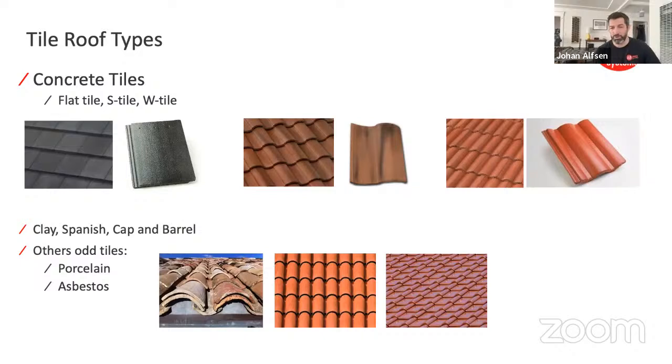I've even seen some porcelain or old outdated asbestos type stuff that you see out there still. So there's all kinds of different tile roofs in the US, but I would say the roofing industry has standardized for the most part on these interlocking concrete tiles.